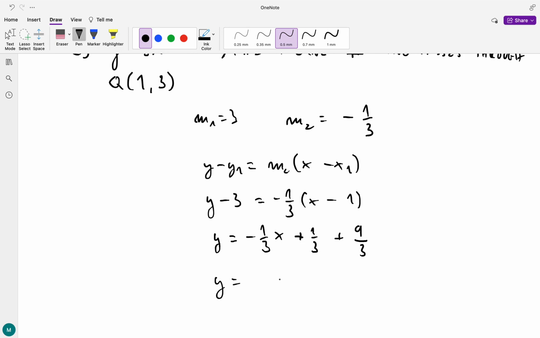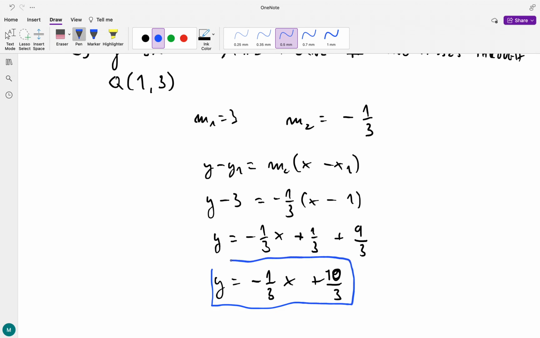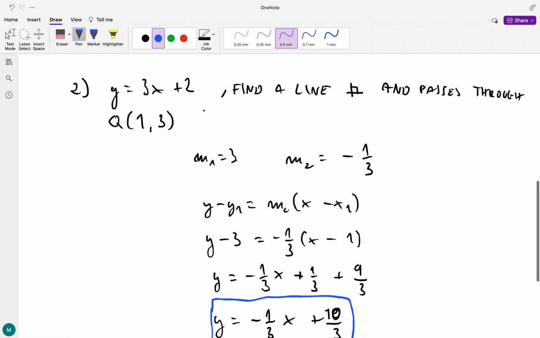That way we have an equation of a line that looks like this: -1/3 x plus 1/3 plus 9/3 is 10/3. And we are done. This is the equation of a line that's perpendicular, so it crosses our original line at exactly a right angle, and our original line is y equals 3x plus 2.